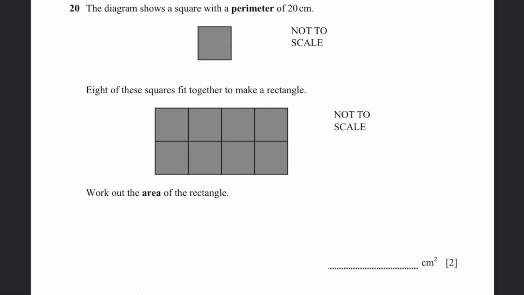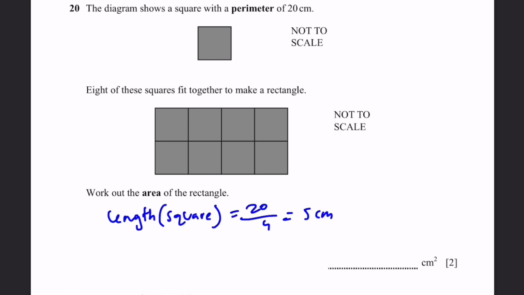Question 20. The diagram shows a square with perimeter of 20 centimeters. 8 of these squares fit to make a rectangle. Work out the area. So if a square's perimeter is 20 centimeters, that means the side of the square is equal to 20 by 4, which is 5 centimeters.